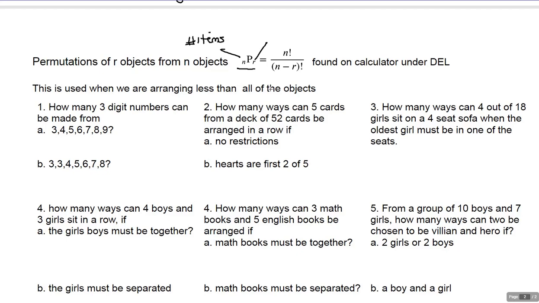This is how many in the arrangement. Now, what if I had 5 things and I was arranging all of them? What would you get?